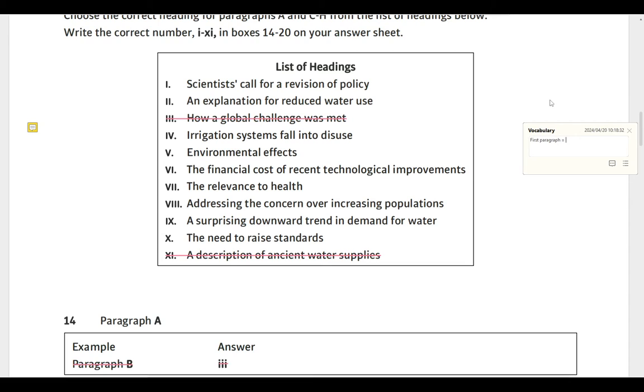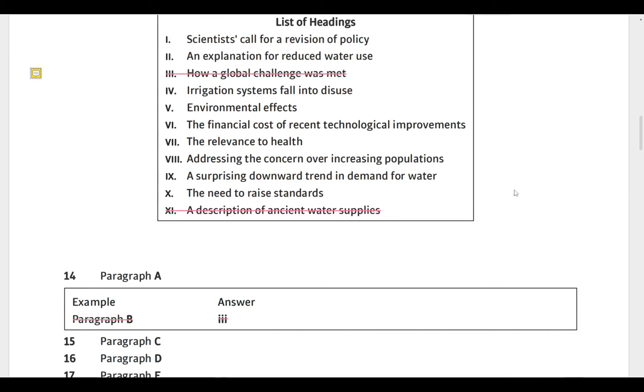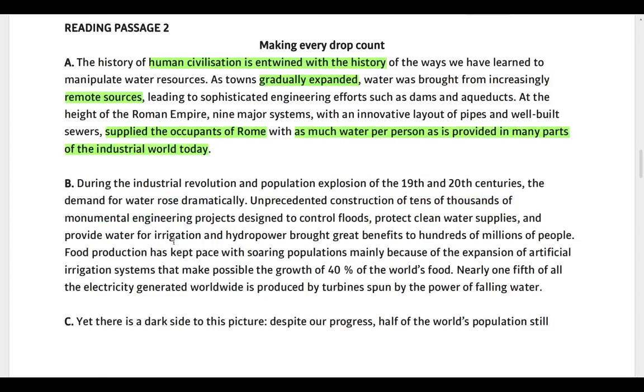So the first paragraph is always describing the subject of a particular topic. All right. So we also know the answer, so I'm gonna add another note. Paragraph A is gonna be a description of ancient water supplies. All right, now let's go for the other one.